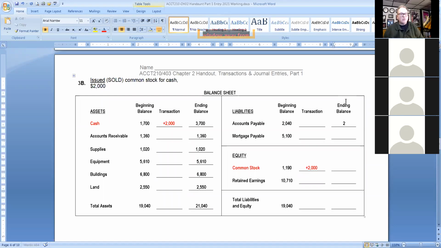Okay, over here, everything is the same up here. Common stocks, we had 11, so what is that, 3,090?